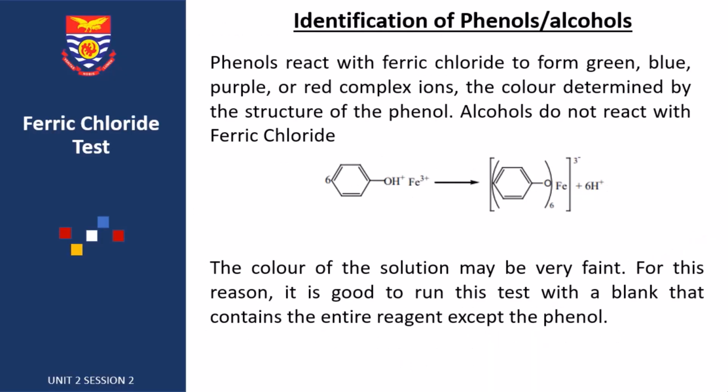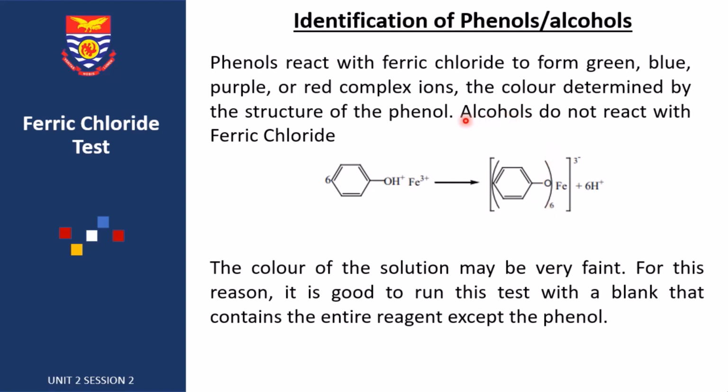Now, in the identification of phenols, phenols react with ferric chloride to form green, blue, purple, or red complex ions, and the color is determined by the structure of the phenol. The color of this complex ion formed when a phenol reacts with ferric chloride depends on the kind of substituent on the phenol, right?